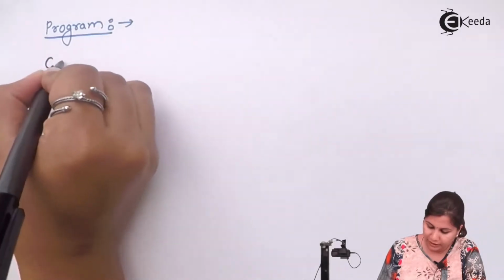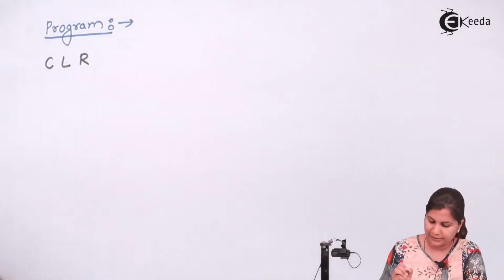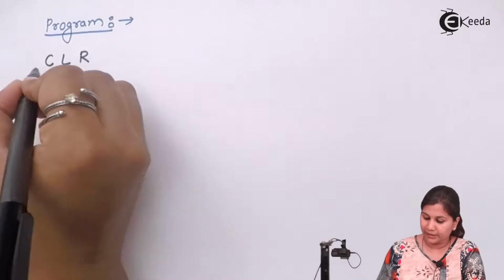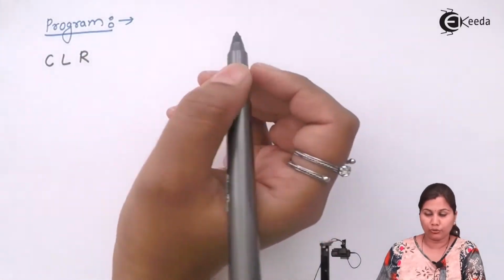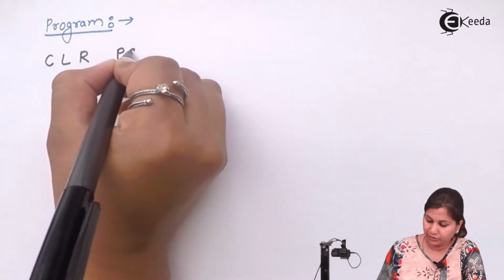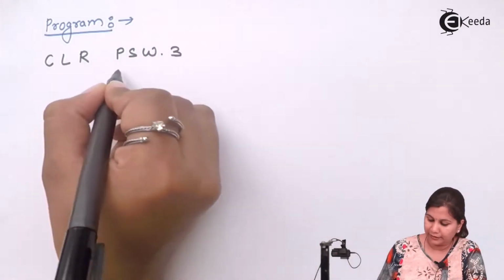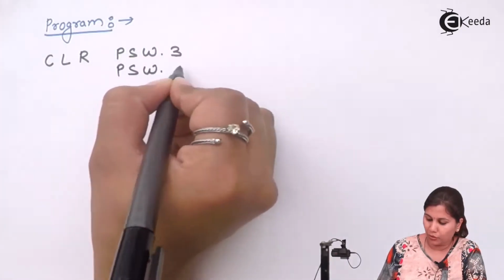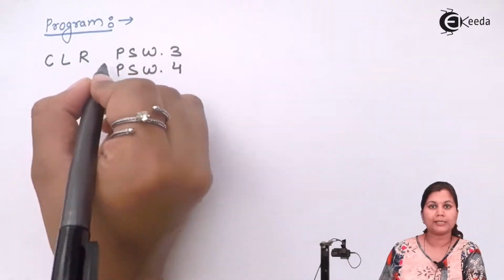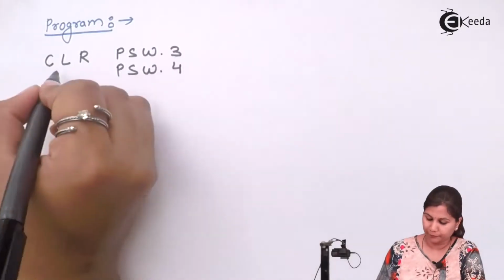For clearing, we are having the instruction CLR. This instruction and the bits we want to clear. So we want to clear the third and the fourth bit of PSW, that is program status word.